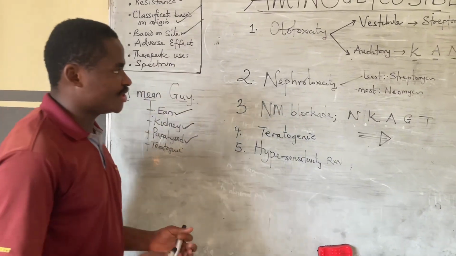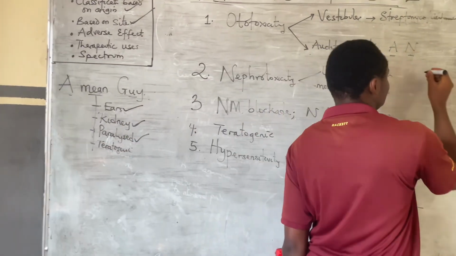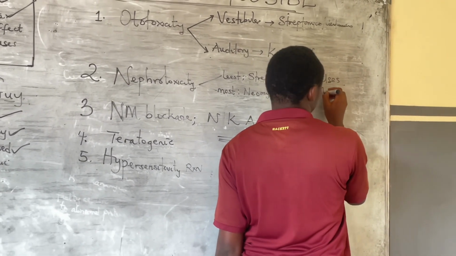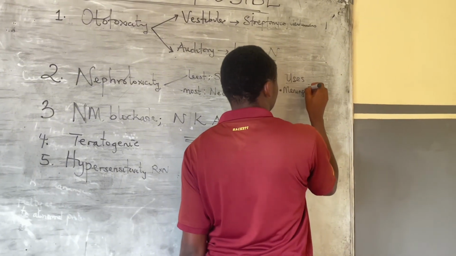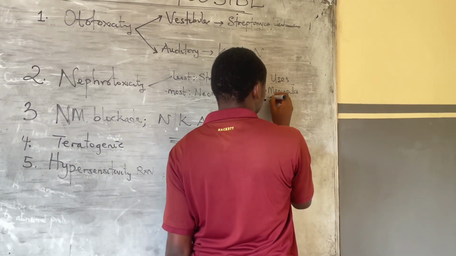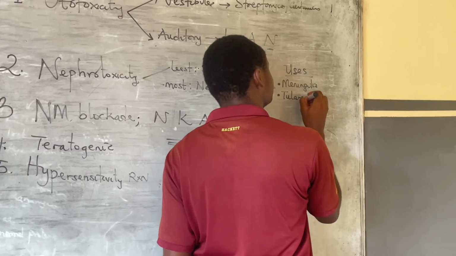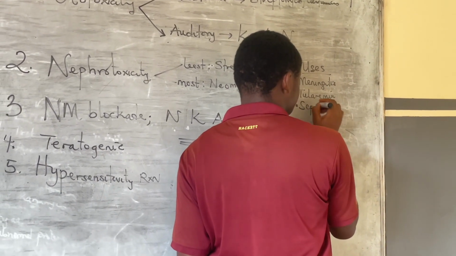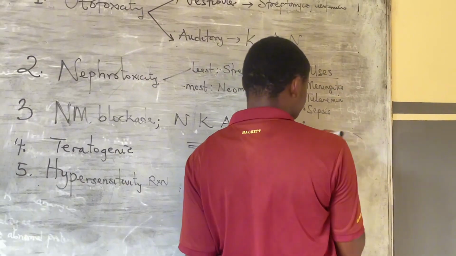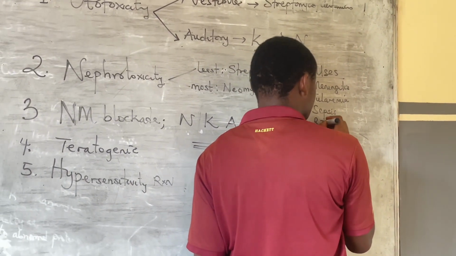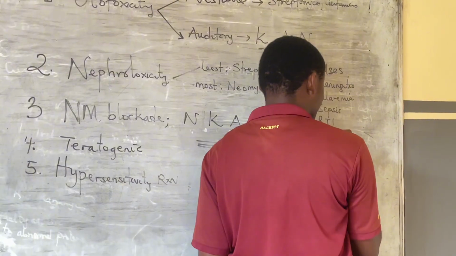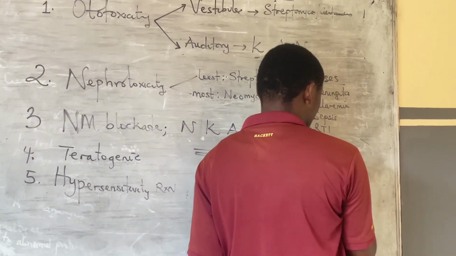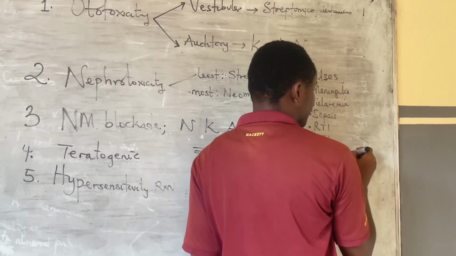How about therapeutic uses? For therapeutic uses, I'll be listing as many as we can think of, but there are so many. We have the likes of meningitis, tularemia, sepsis, respiratory tract infection, urinary tract infection, cystic fibrosis, and what have you.